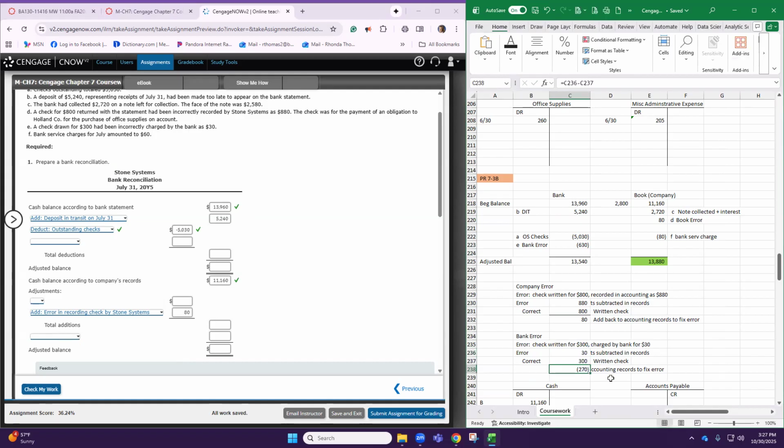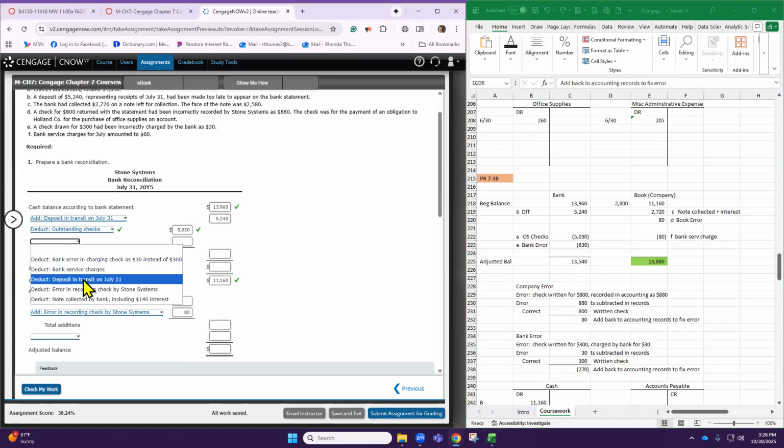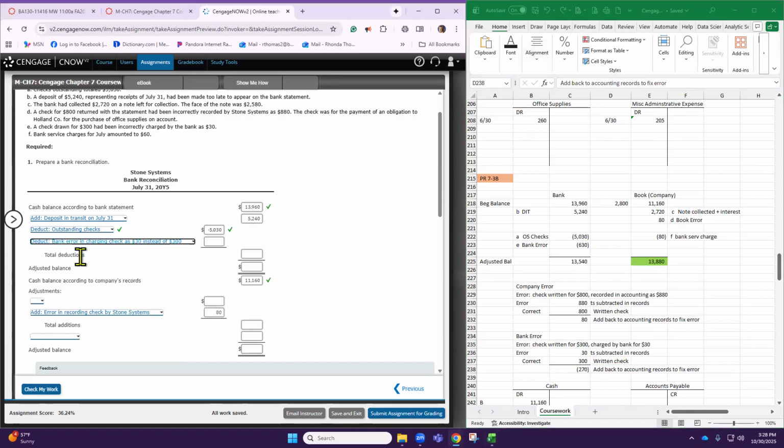Here's the correct amount. So the bank balance actually needs $270 more pulled out. So here is your negative to your bank balance. So here is the error. Okay, here it is. The bank error in charging check as $30 instead of 300.